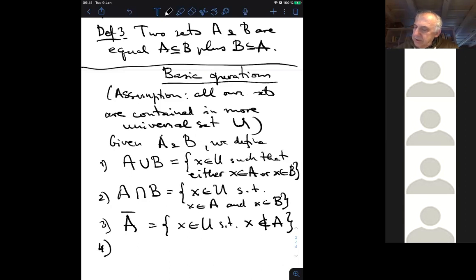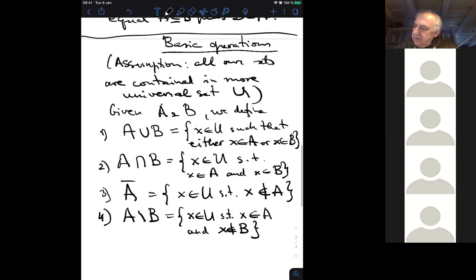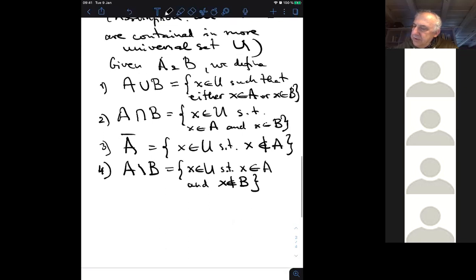Maybe this notation you have seen before, A minus B. This is the set of all x in our universe such that x belongs to A and x does not belong to B. I hope that this inclusion sign you have met before.